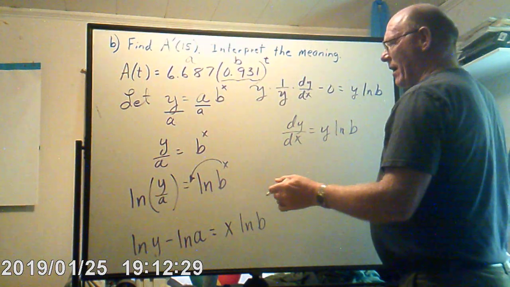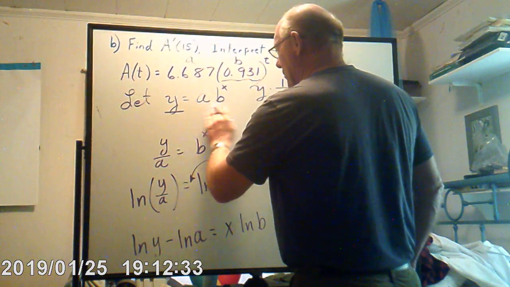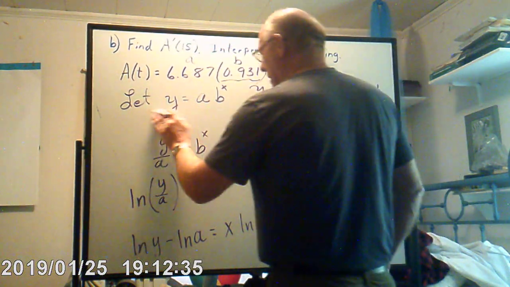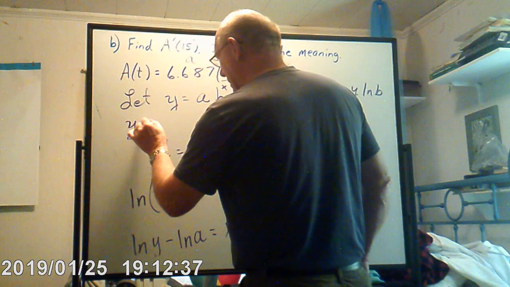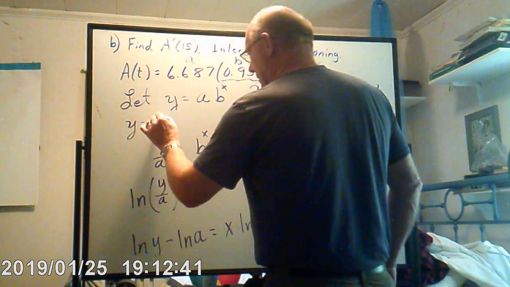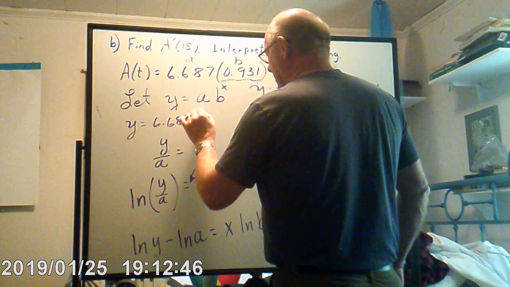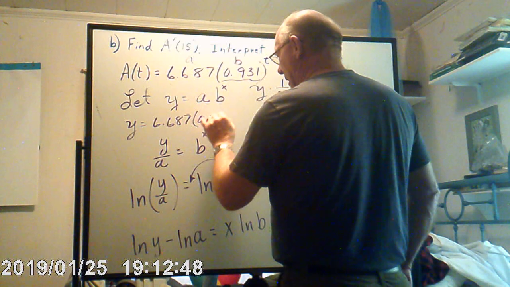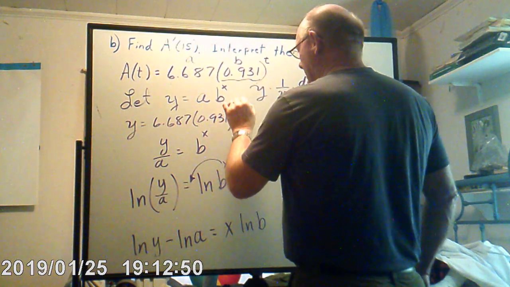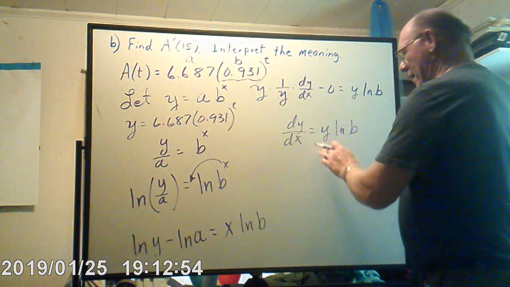But now Y is A B to the X. If we substitute these in, Y is equal to 6.687 times 0.931 to the T. We can substitute that back in here.